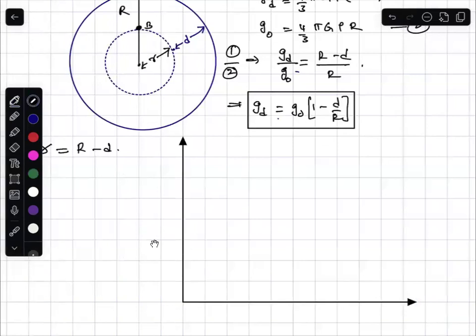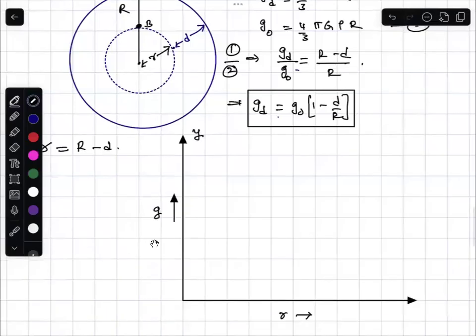Right. If I am plotting a graph taking g along the y-axis and r along the x-axis, you are very clear it's a straight line till this point.